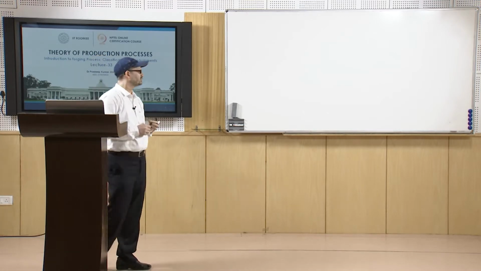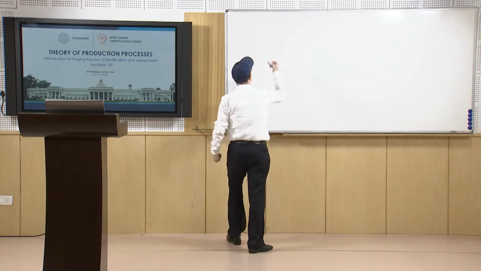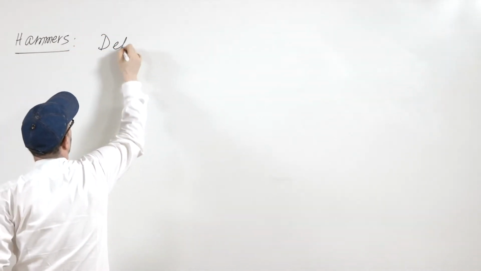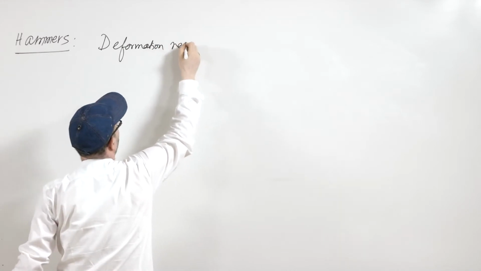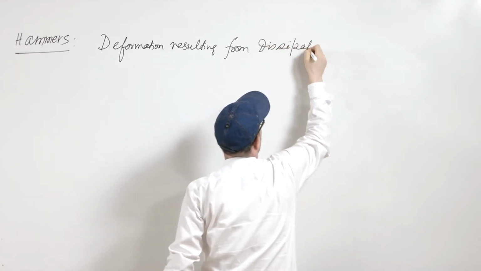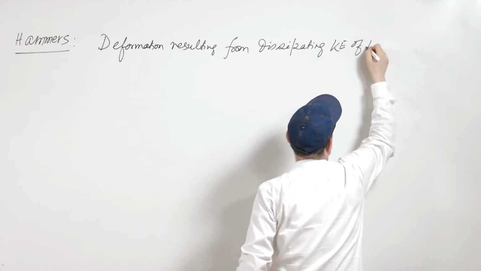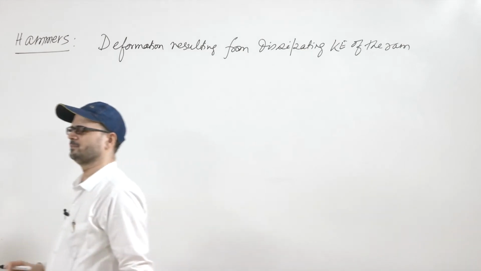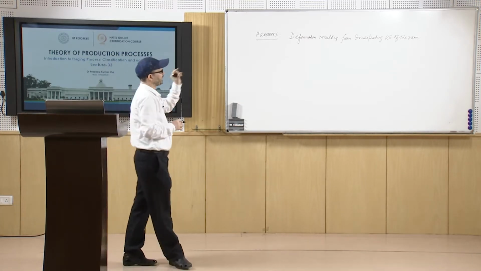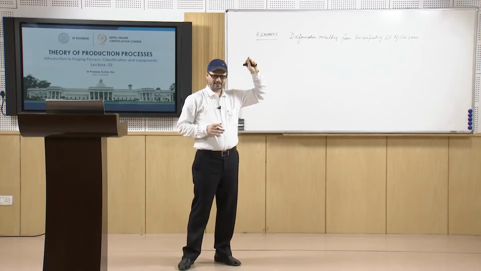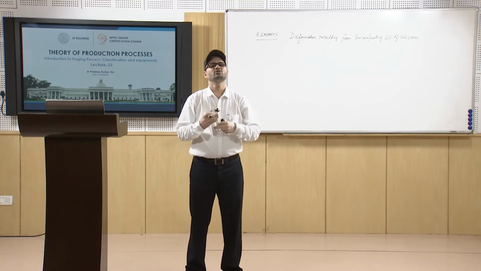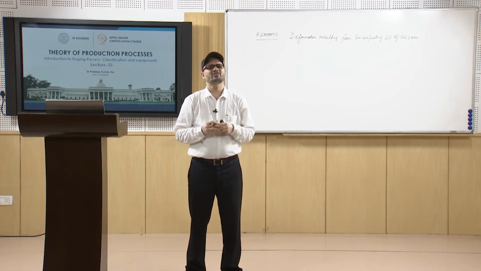So in the case of a hammer, the deformation is the result of the kinetic energy of the ram dissipating while it is travelling, and then impacting upon the surface of the job. That is why it is known as an energy restricted machine.